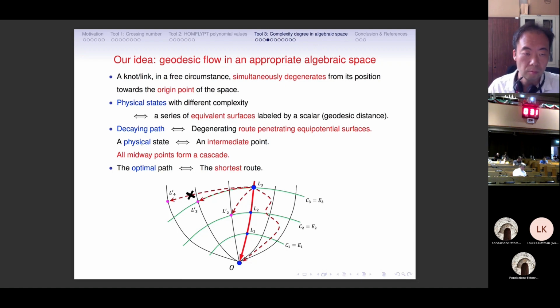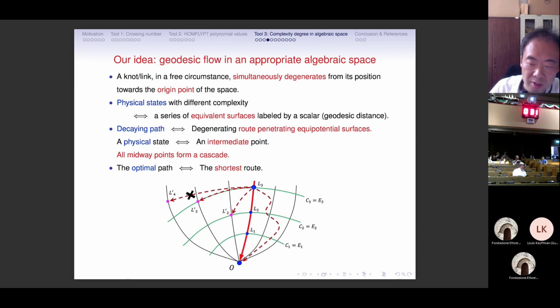Spheres. And a decaying path, which is a degenerating route penetrating equipotential surfaces, just as demonstrated in this picture.